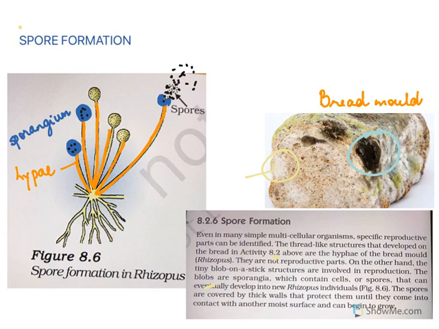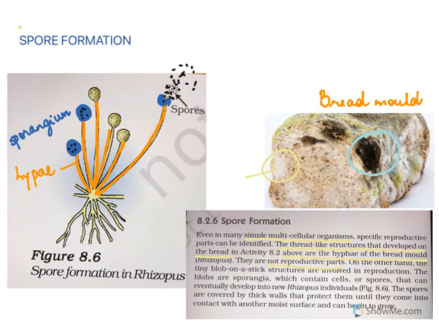So this is from the textbook now. Even in many simple multicellular organisms, specific reproductive parts can be identified. The thread-like structures that develop on the bread are hyphae of the bread mold. So the hyphae are these thread-like structures. They are the non-reproductive parts. They do not produce the spores.